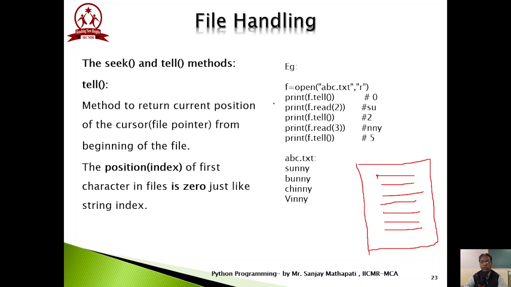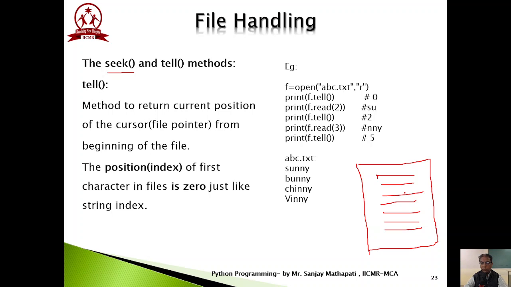But later on, with the help of the seek function, the seek method allows you to move your file pointer by the required number of bytes. So we can keep moving the file pointer to a specific position, maybe after 10 bytes, after 20 bytes.